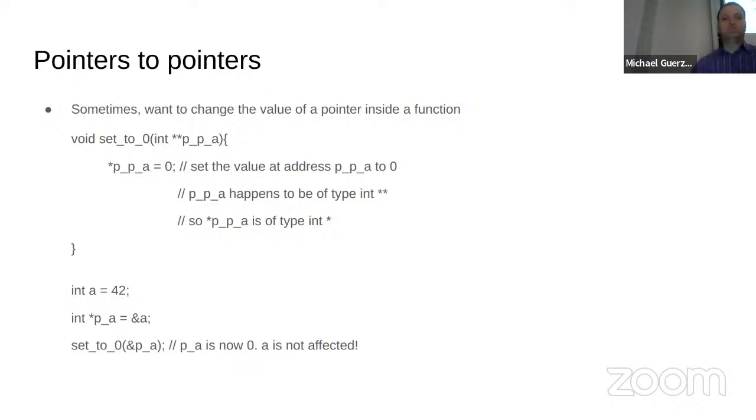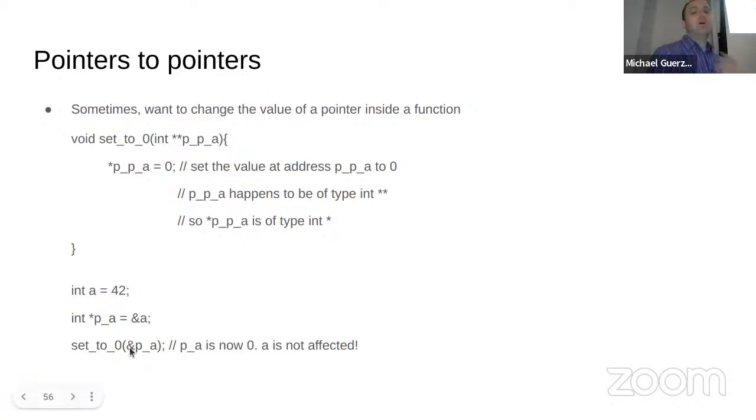So what I'm trying to do is set this variable PA, which happens to be of type int star, to 0. How can I do it? Well, I need to tell the function, okay, I have this address, go to this address and set the value there to 0. So what's the address I want to say? Well, I want to tell set to 0, PA lives at this address. Go there and set that to 0.